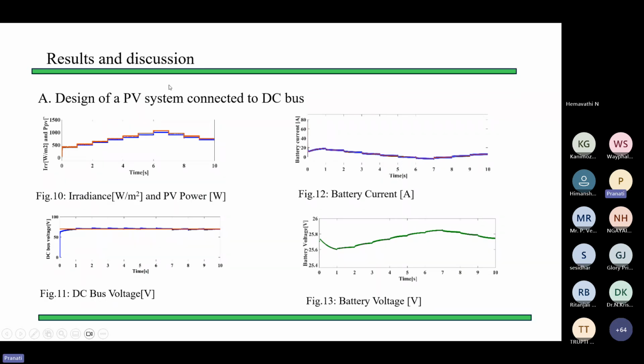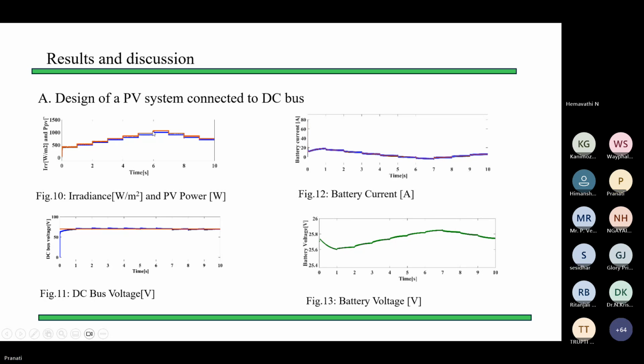Now coming to the results and discussions. Now, design of a PV system connected to DC bus. We can see that for different values of irradiances, as the irradiance is changing, I'll show you in the simulation diagram also, as the value of the irradiance changes, see, different values of irradiance is changing in steps.